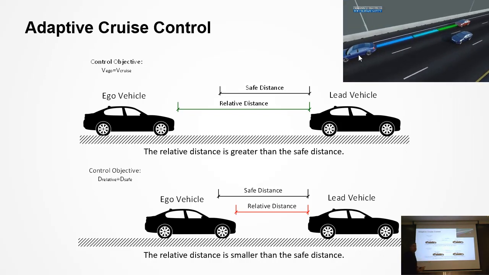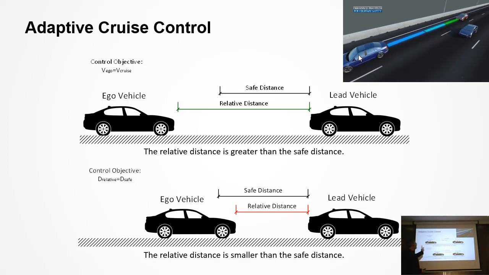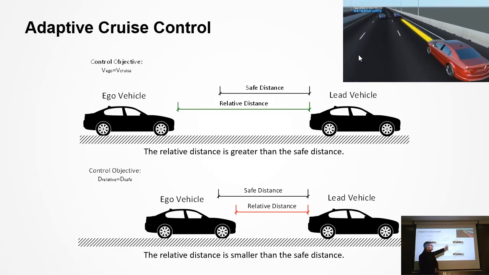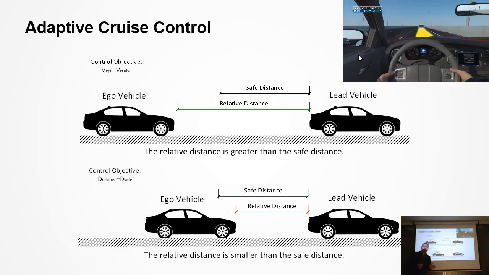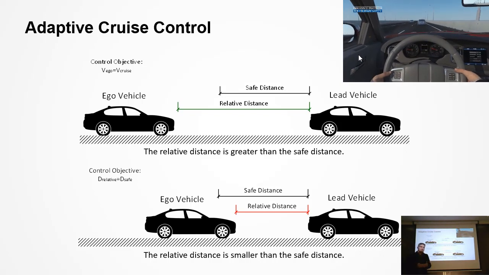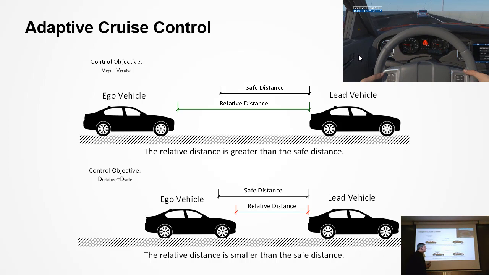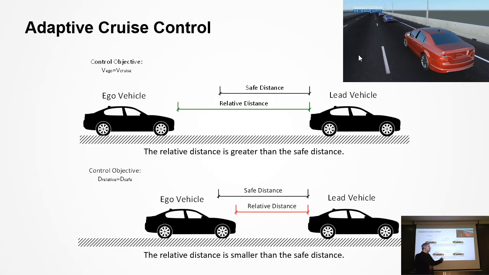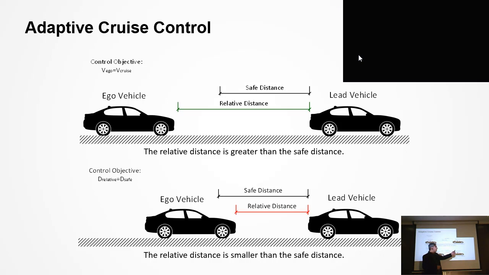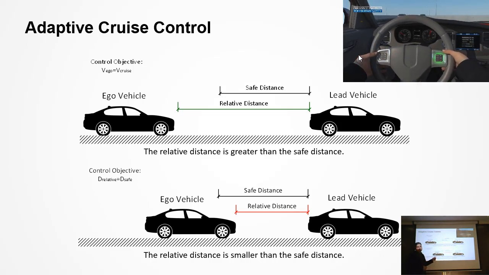If you set it at 80 miles per hour, it goes at 80 miles per hour until it gets close to the lead vehicle, and then reduces the speed so that it maintains a safe distance. And safe distance is defined based on the speed itself. So at higher speeds, the safe distance is more. So you have to keep a safe relative distance, so that if the lead vehicle suddenly brakes, you can react.